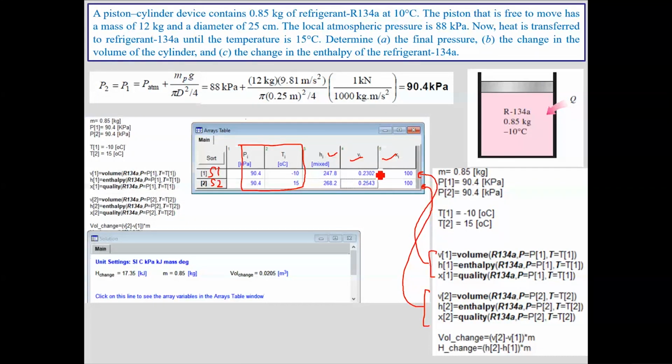And once they are calculated, you use the last two lines, the volume change and H change. They are not stored in the table since you have not specified the row with them. These are shown in the solution window. And if you see an X value of 100 again, it means that you are in the superheated region for the refrigerant. Clear enough? All right. So I'll stop over here.